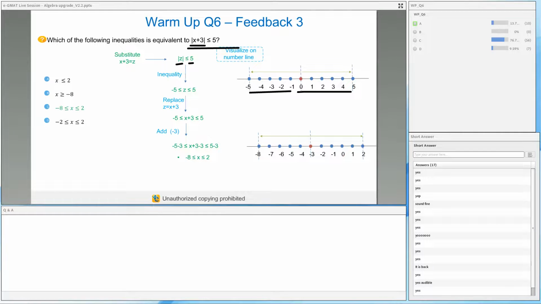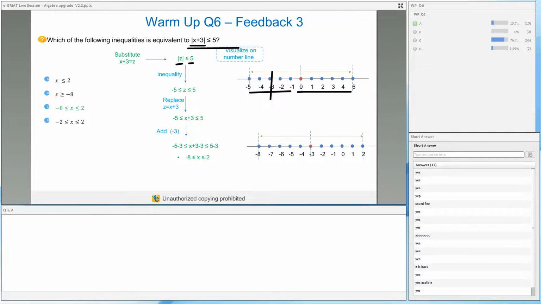Now from -3, you need to move to a distance of 5. So basically I'm shifting this 0 and taking it to -3. I'm taking this 0 and putting it here. If I take this here, everything will shift, and 5 will come to 2.